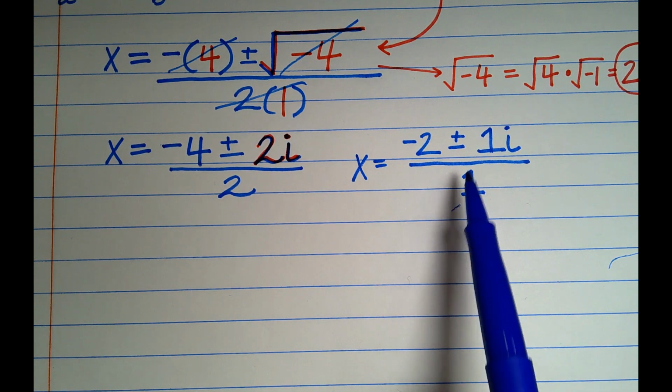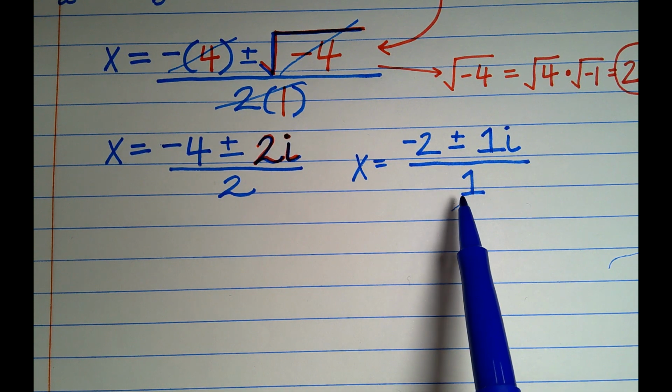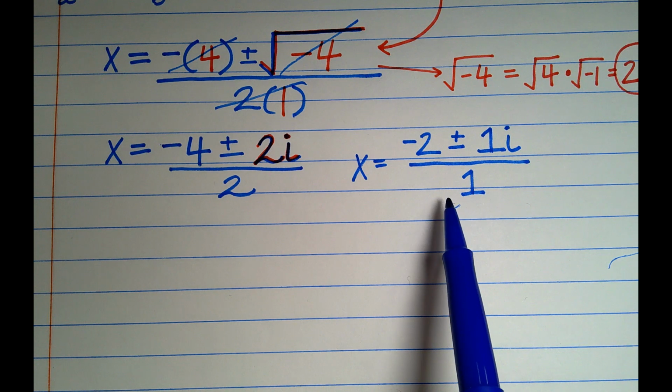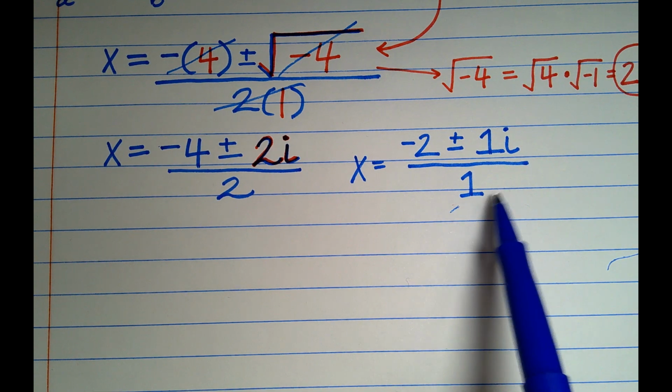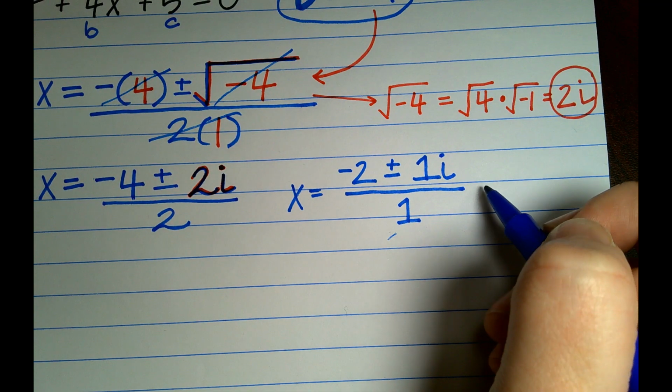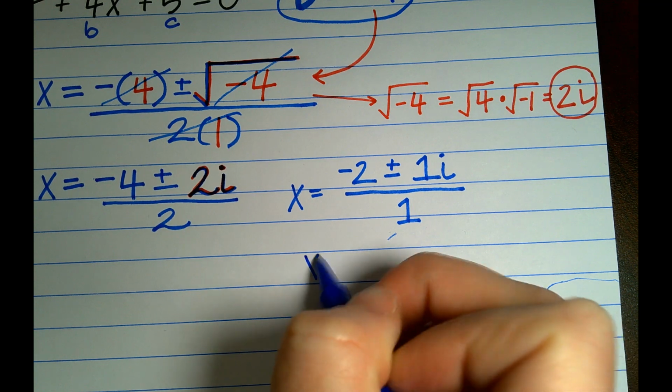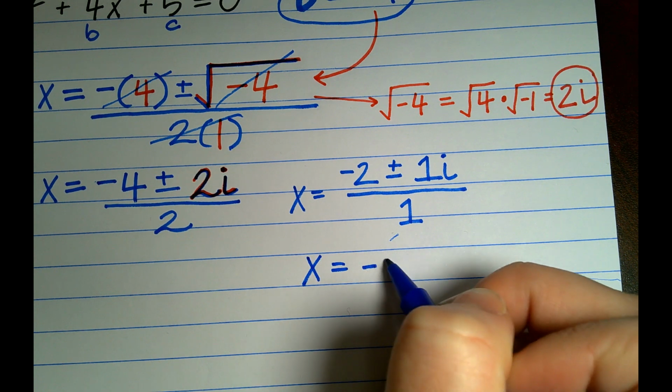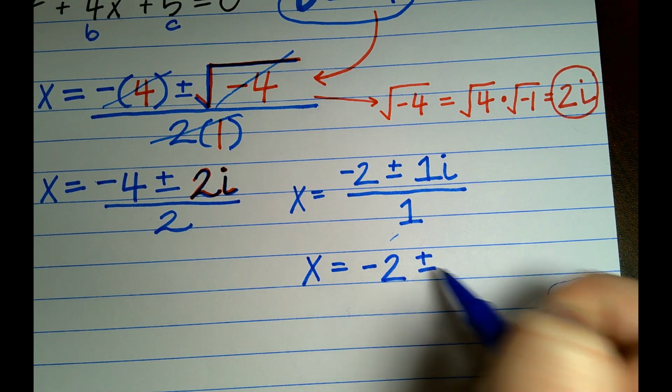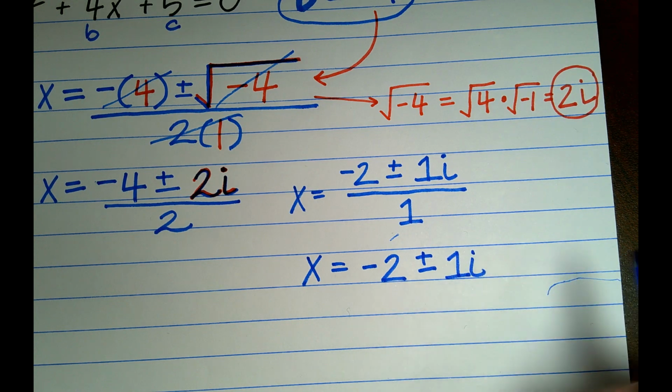So negative 2 plus or minus 1i divided by 1. Do I need to write divided by 1? No, I don't. We can simplify it so that it is x equals negative 2 plus or minus 1i.